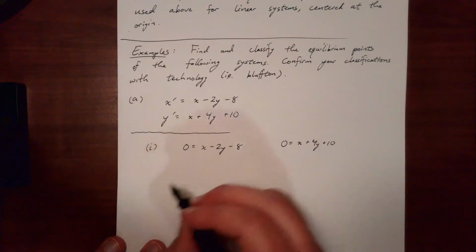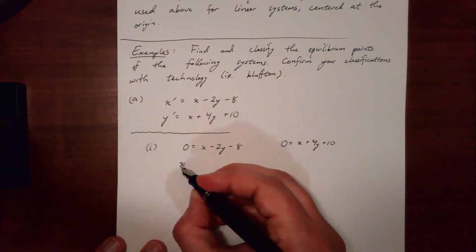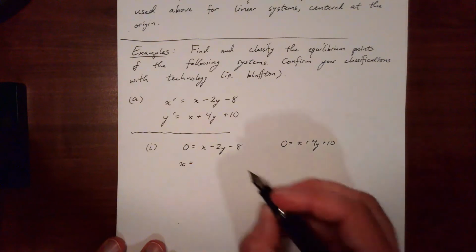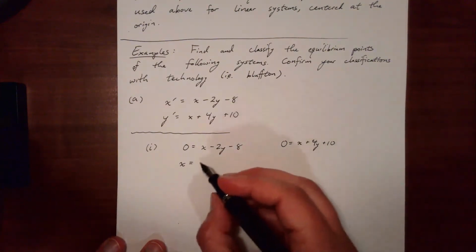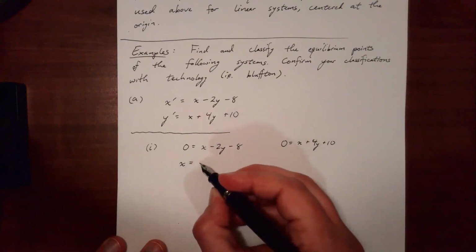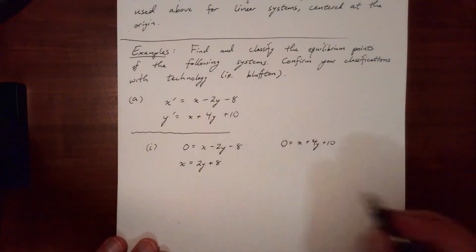You could also use linear algebra, move the constants over and make an augmented matrix. But this is a relatively innocent looking system, so let's just solve it by substitution.